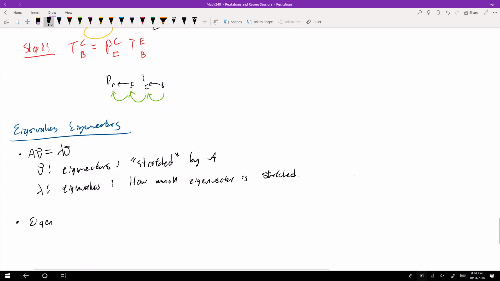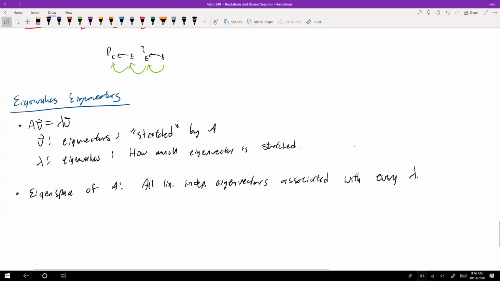Okay, the eigenspace of A is all the linearly independent eigenvectors associated with every eigenvalue.